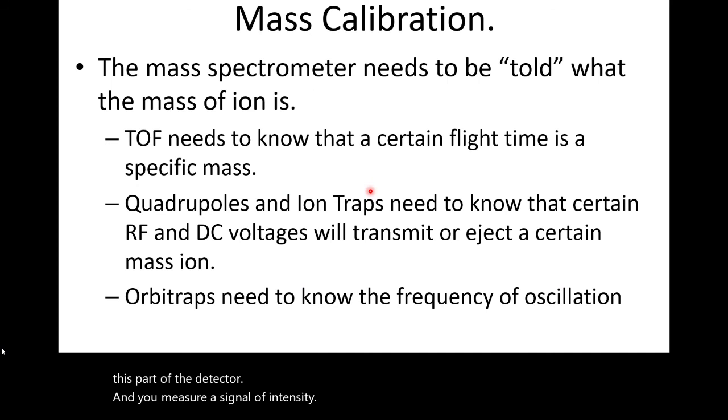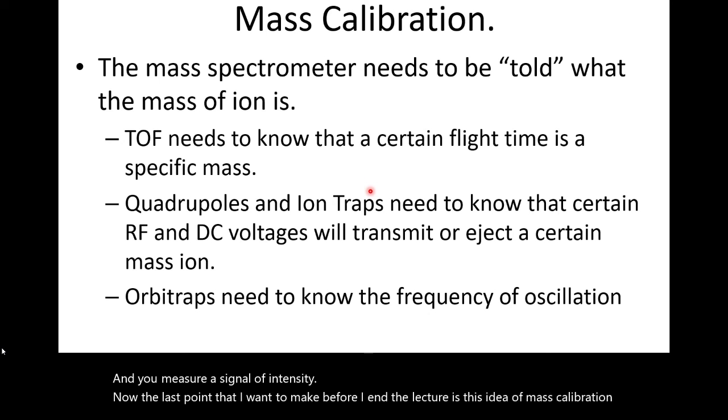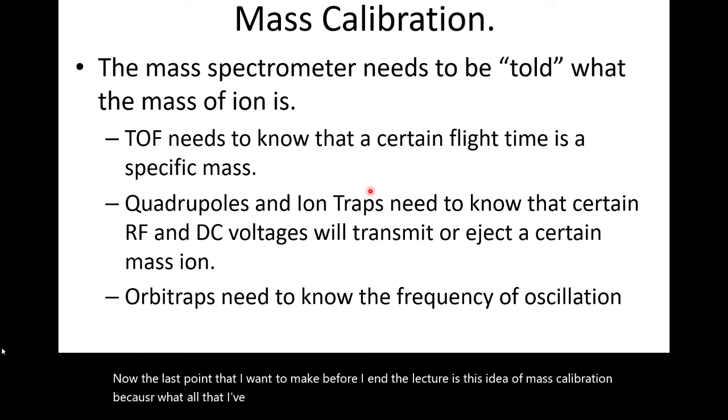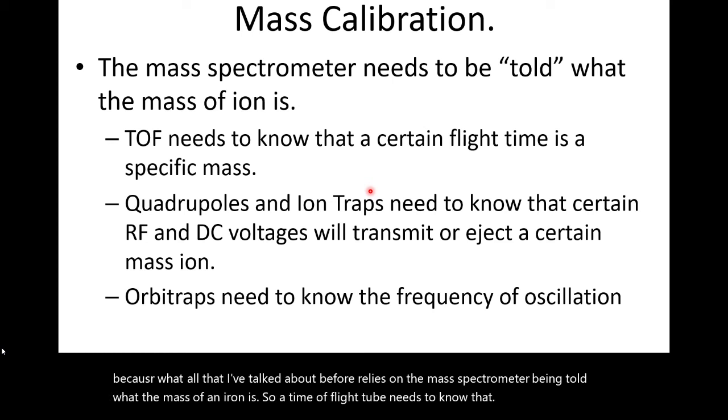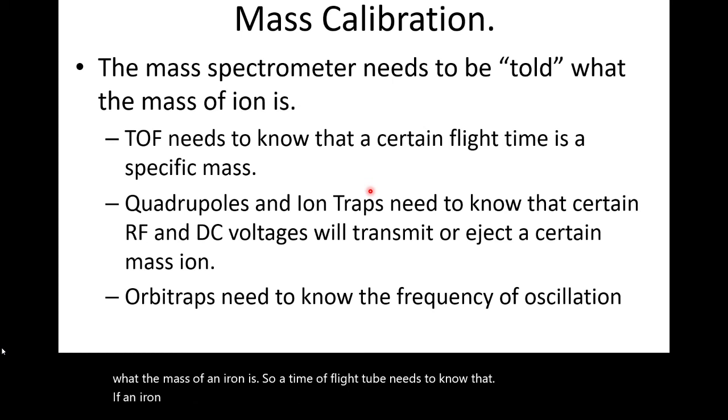Now, the last point that I want to make before I end the lecture is this idea of mass calibration, because all that I've talked about before relies on the mass spectrometer being told what the mass of an ion is. So a time of flight tube needs to know that if an ion is pulsed and it hits the detector after a certain time, it is X mass.